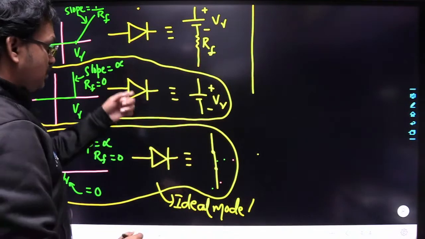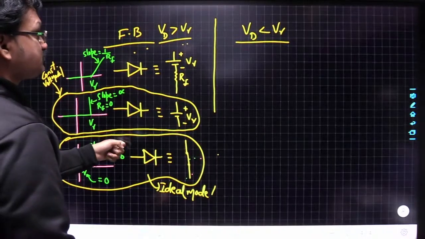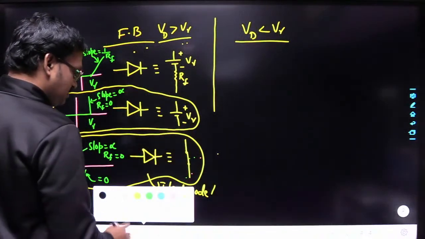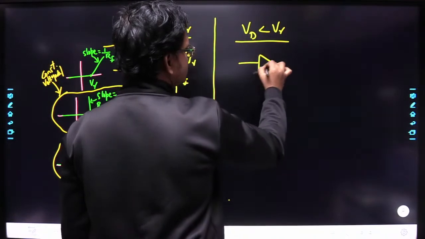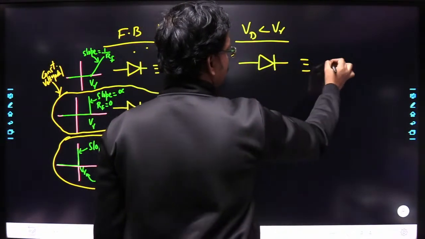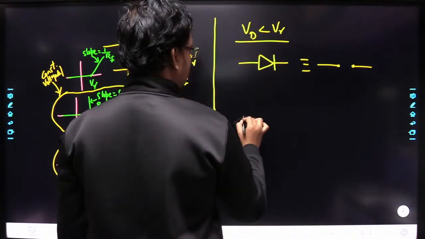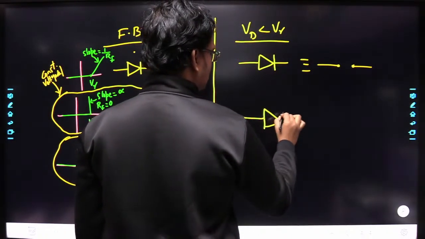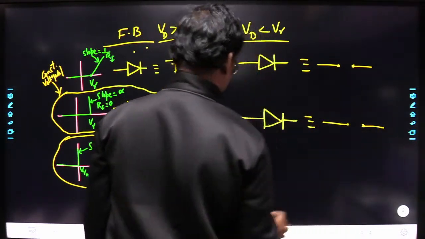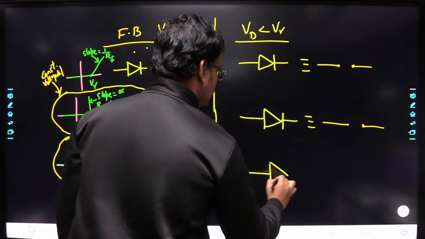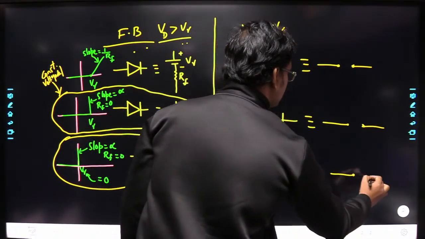In reverse bias, that means when VD is less than V gamma, you can simply replace the diode with an open circuit. In all three cases, you can simply replace the diode with an open circuit.